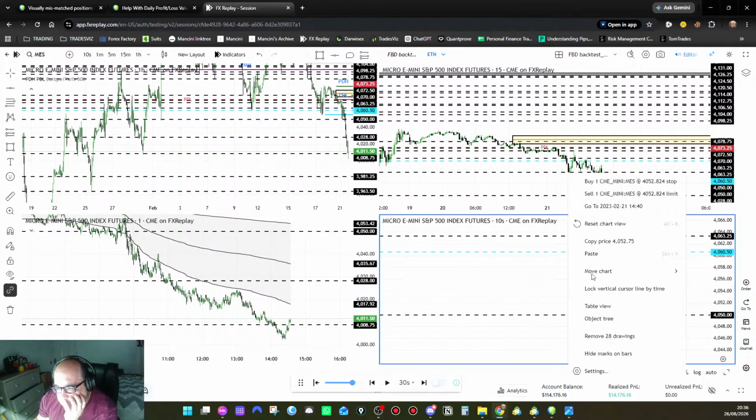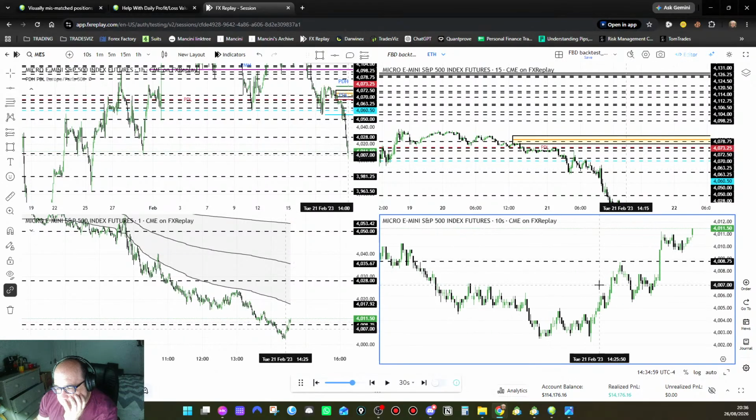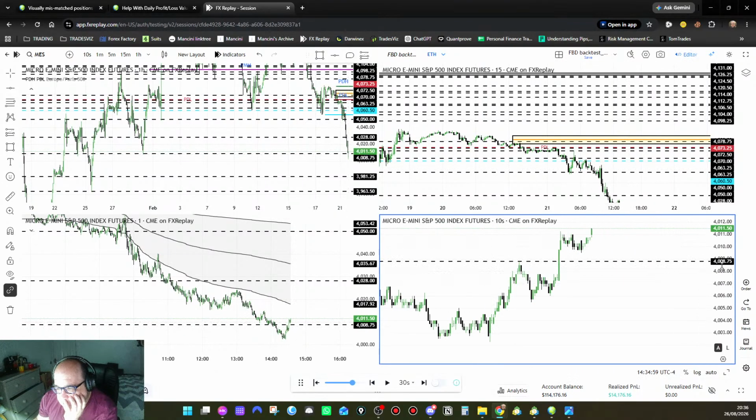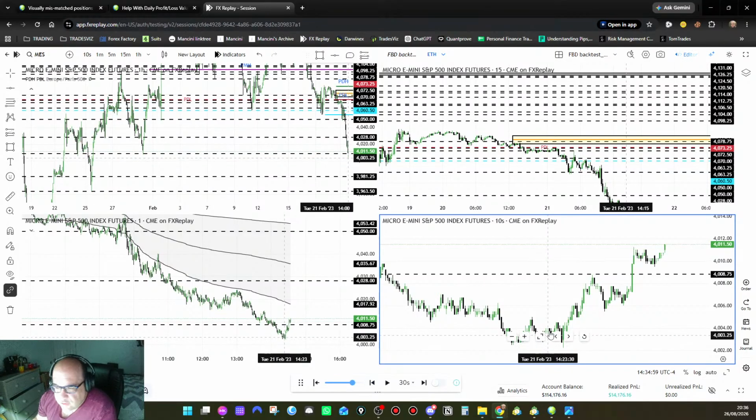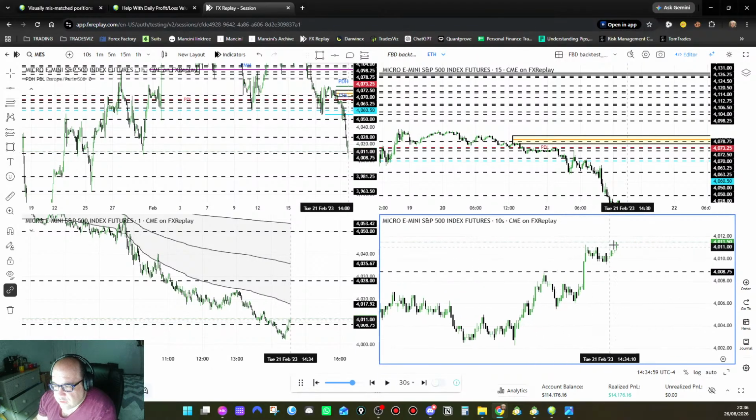Let's now set the pressure. Yeah, we can see here some clear acceptance. You can see this is the low. We came back about 6 points below 408. We recovered it.